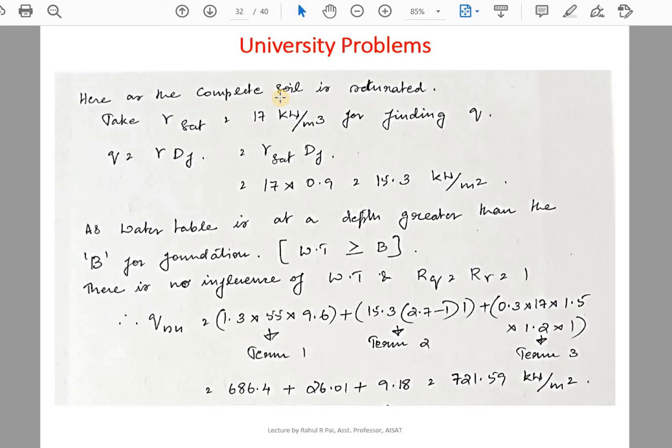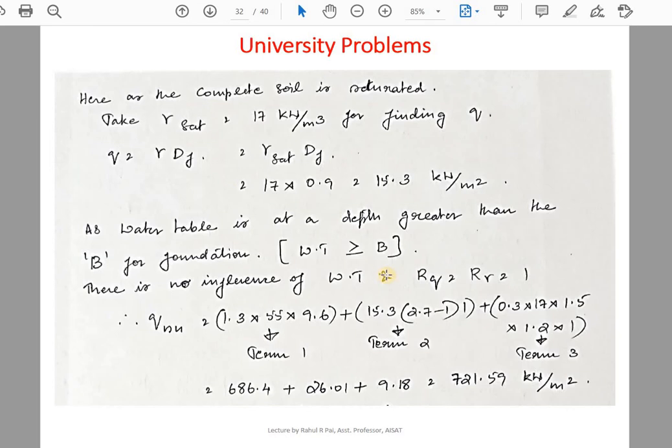So while finding the Q, or the overburden pressure due to the soil around the foundation, you have to use this gamma sat, even if the soil may not be saturated till the ground surface. So you have the value Q as 15.3 kilonewton per meter square, 17 into depth of footing, which is 0.9.